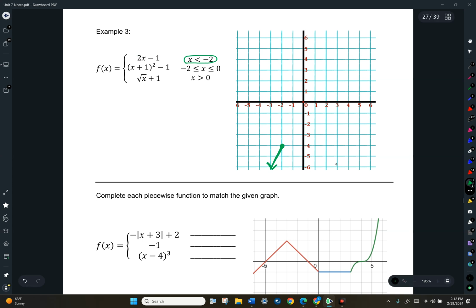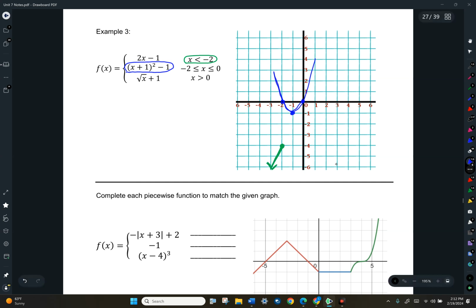Okay, so now let's look at the second piece. Notice this is a parabola. Okay, so this parabola is moved 1 unit to the left and 1 down. And this parabola opens up, so I'll do a little up 1 over 1, up 1 over 1. So here's my parabola. If I were graphing the entire thing, something like that.